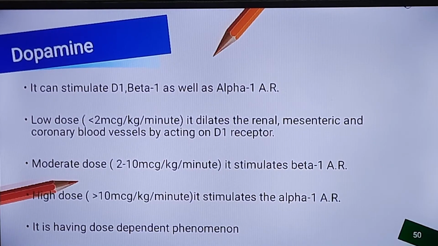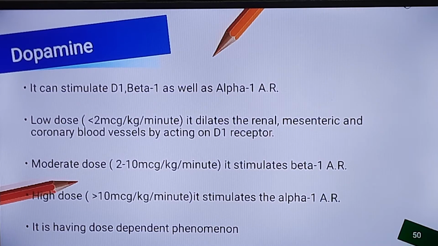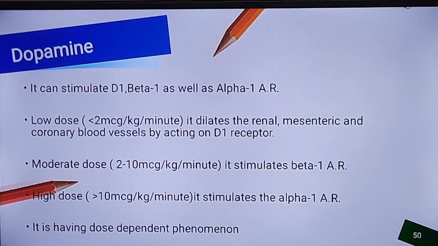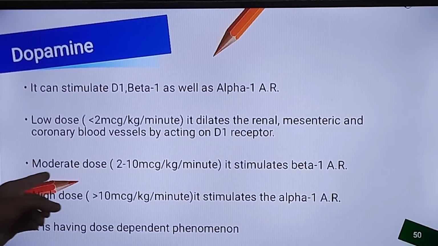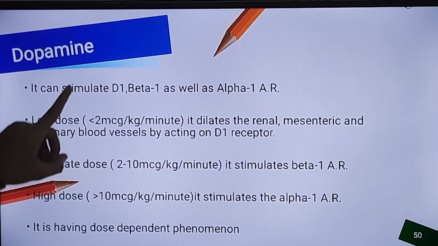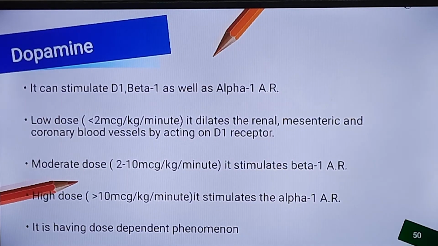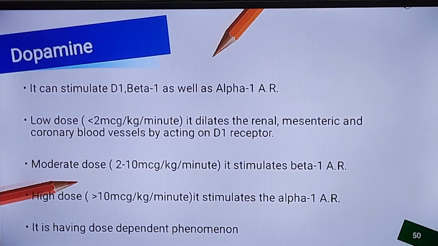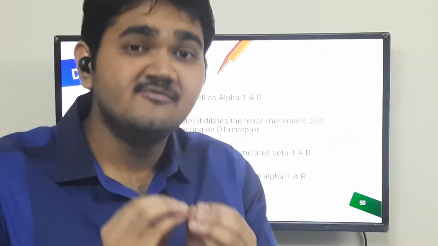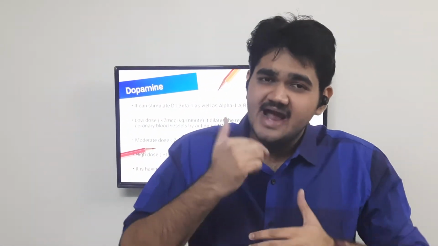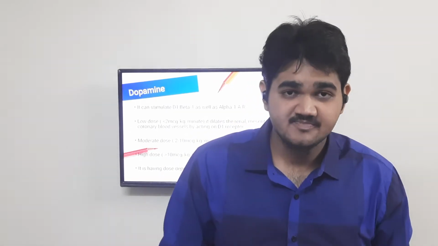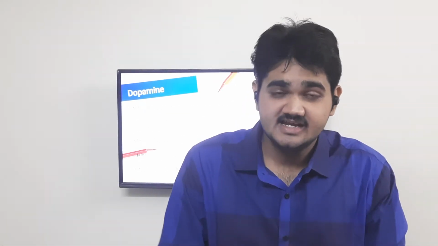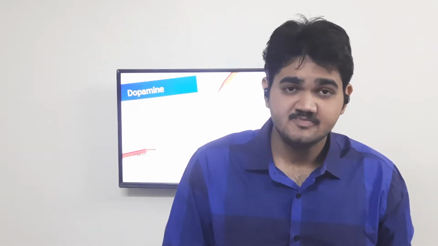Now, एक add-on advantage भी हमें मिलता है. What is that advantage? This dopamine can also stimulate D1 receptor, and as I told you कि D1 receptor की जो maximum concentration है, that is present in renal blood vessel.